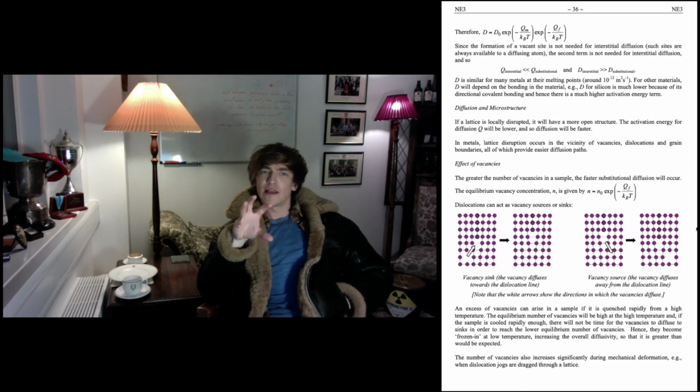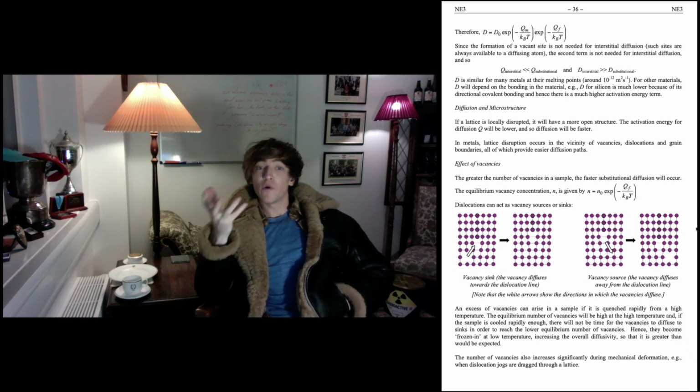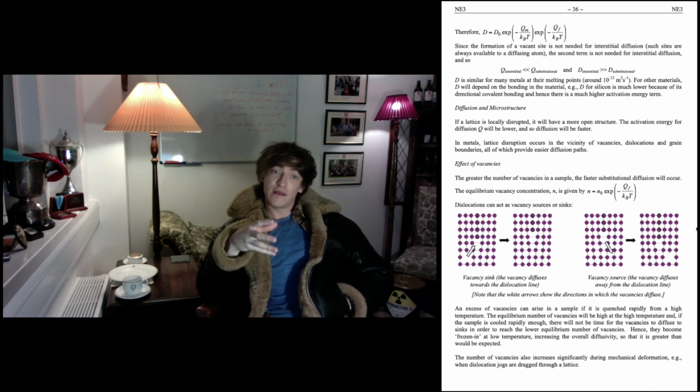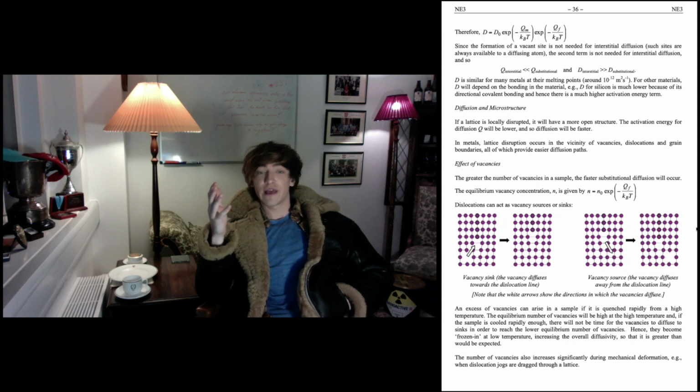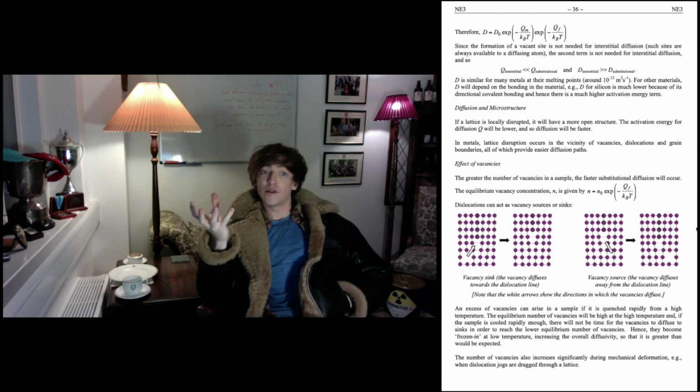But now let's look at disruption of lattices and a bit more on vacancies. If you have a lattice that's locally disrupted, it'll have a more open structure. The activation energy for diffusion will be lower, and that will mean that diffusion is faster. And that's why on grain boundaries, around dislocations and vacancies, diffusion is faster, because you have that more open structure.